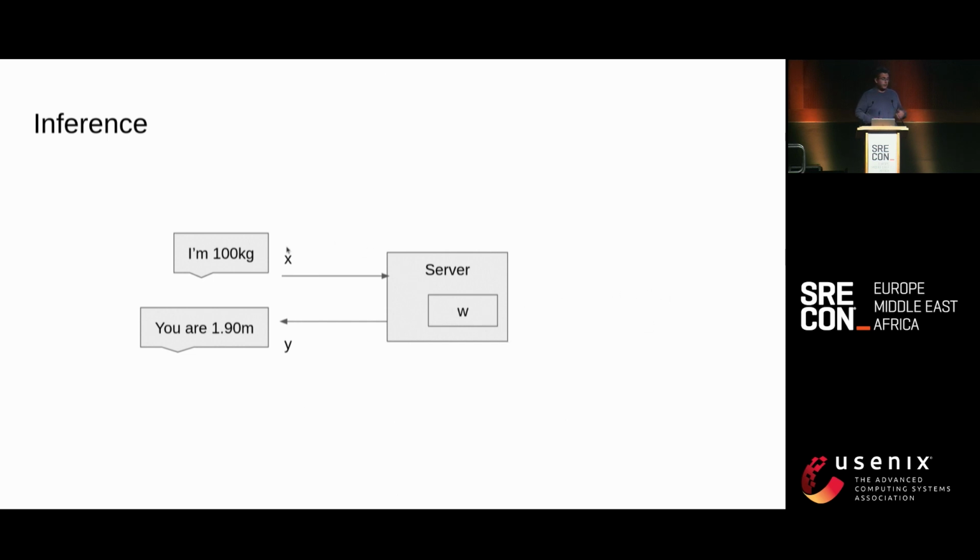We send the question, I'm 100 kilos, and I'm expecting the server to reply, if it has the right W, by doing the matrix multiplication between the X and the W, and give me back the answer Y, which is 190, if my model was a neural net. All good so far? So it's important to repeat that we send the X, it does the matrix multiplication, and it gives back the answer. There's nothing else fancy about machine learning serving.